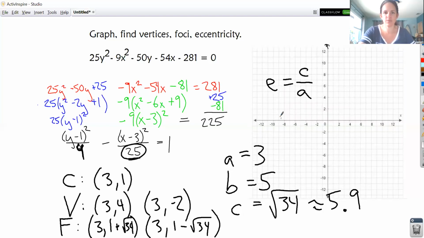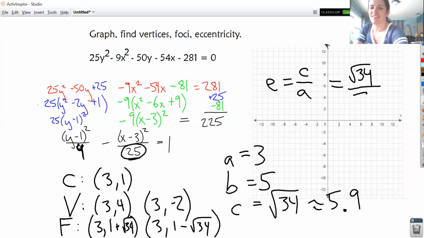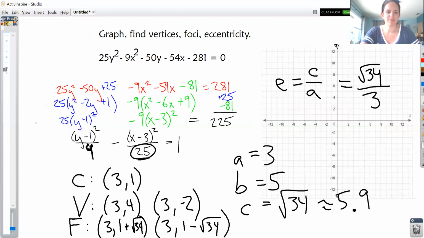So eccentricity is always going to be greater than 1 in a hyperbola, because hyperbolas are eccentric. And so in this case, c is root 34, and a is 3. And so the eccentricity of this hyperbola would be root 34 over 3. Sorry, let me be more specific.